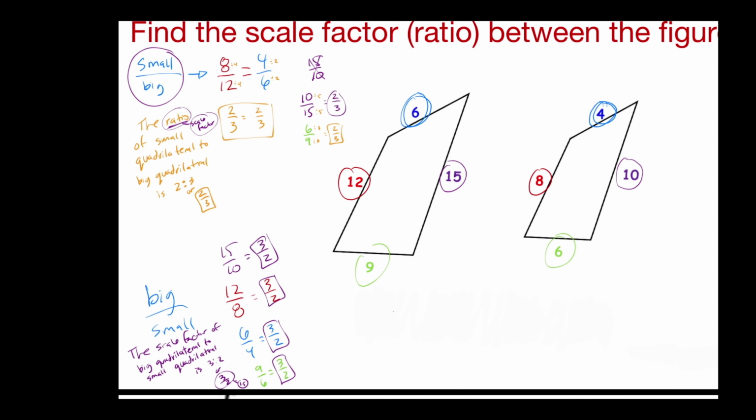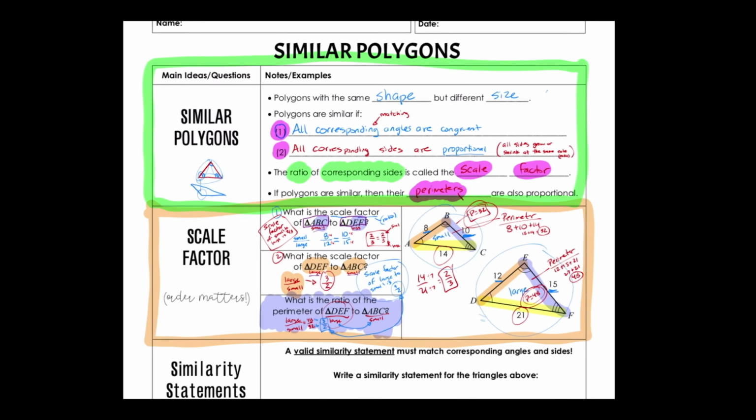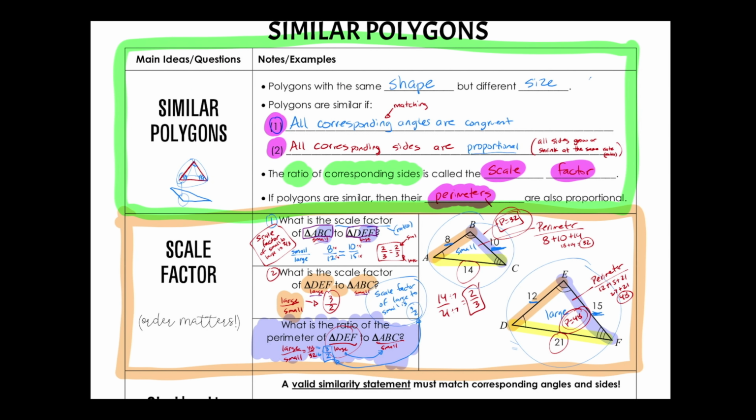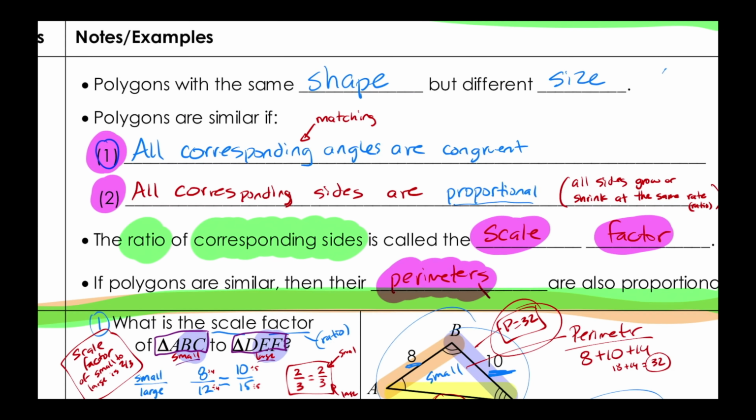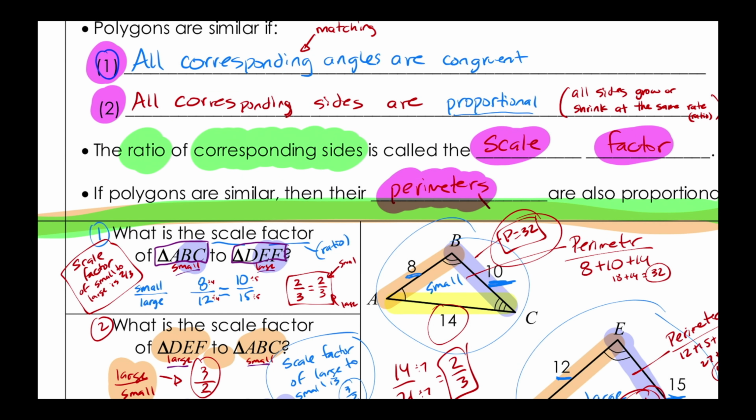So this is what I'm going to show you today. We've only done these two boxes. The top green box was talking about similar polygons. We defined what similar polygons are and the two criteria. All the corresponding angles have to be congruent, because if you change angles, you change the shape. And the sides have to grow and shrink at the same rate, and rate is just short for ratio.